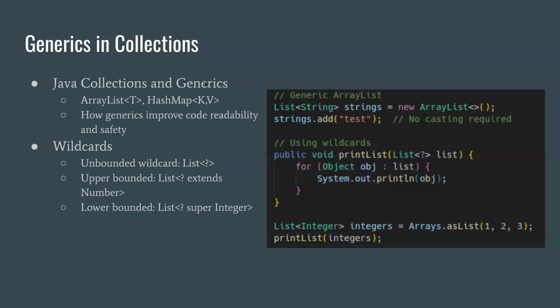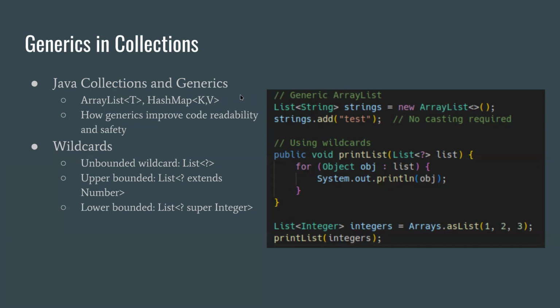Generics in collections. Generics are particularly useful in the Java collections framework. So for instance, we can have ArrayList<T> and HashMap<K, V>. And these use generics to define the types they contain.